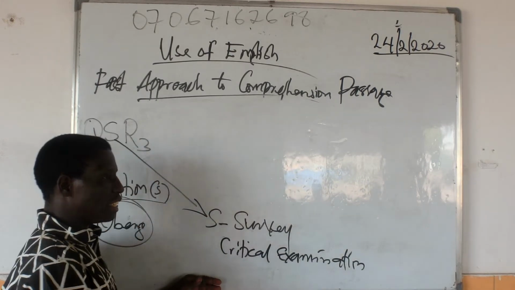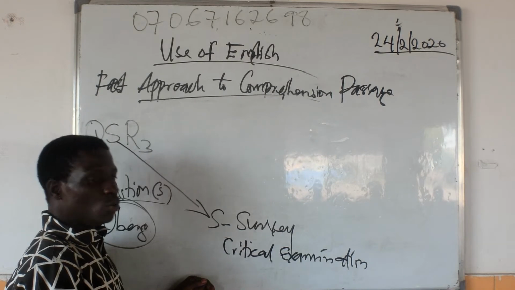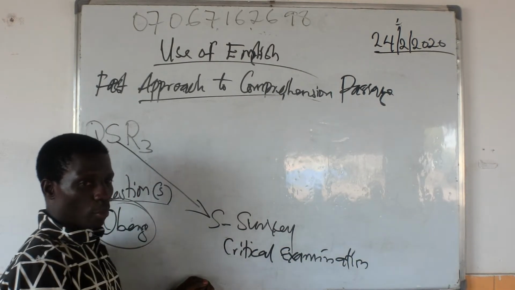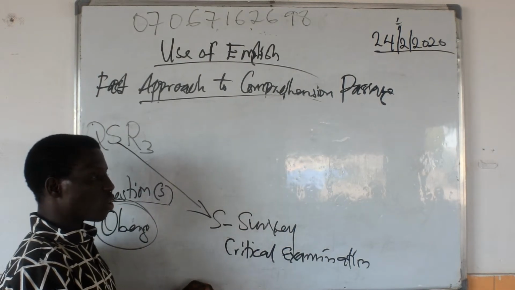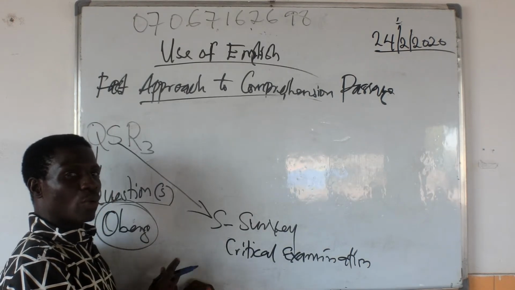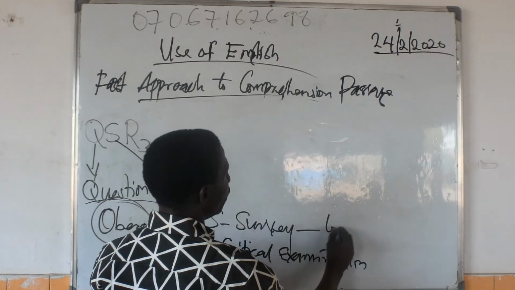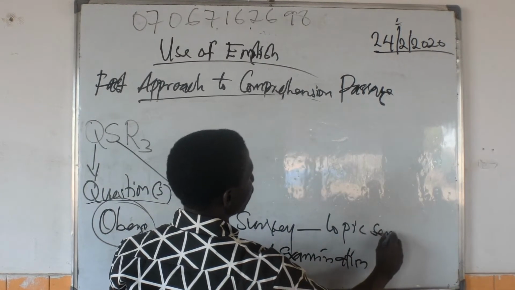Critical examination, that is going through the passage critically, looking for a particular piece of information. And what he advised us to look out for in the comprehension passage that will answer our questions directly is what we call the topic sentence.